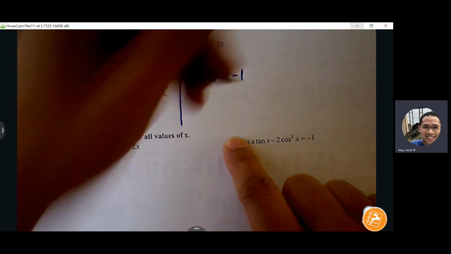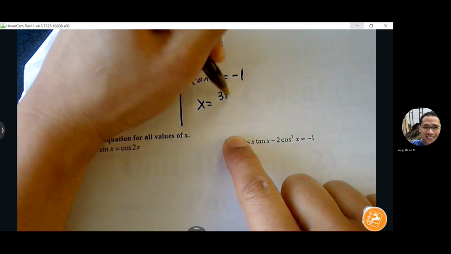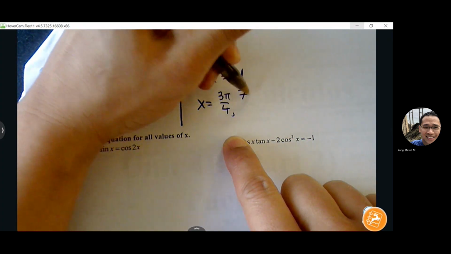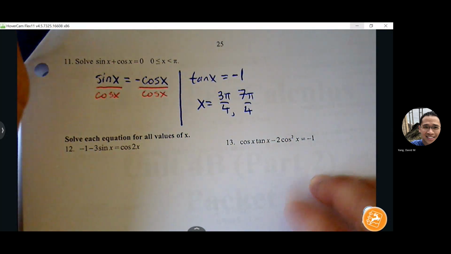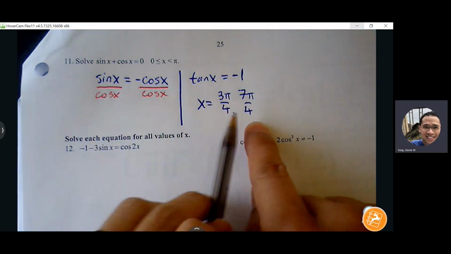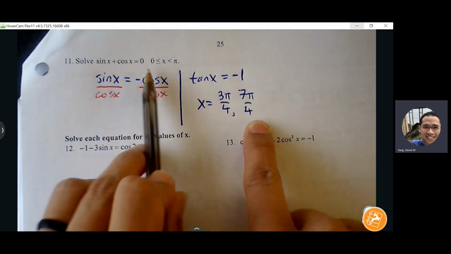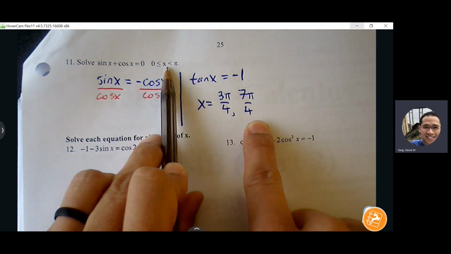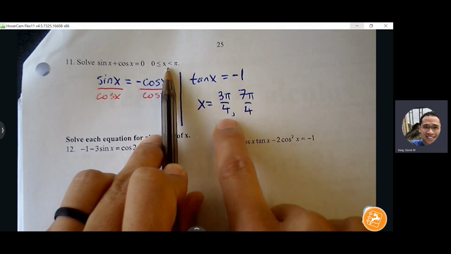Which quadrants? 2 and 4, so. Oh, no, you're right. 7 pi over 4, what's wrong with this solution? Restrictions. Yeah, so it's outside of my interval here. I'm only looking for what's between 0 and pi. So only 3 pi over 4.